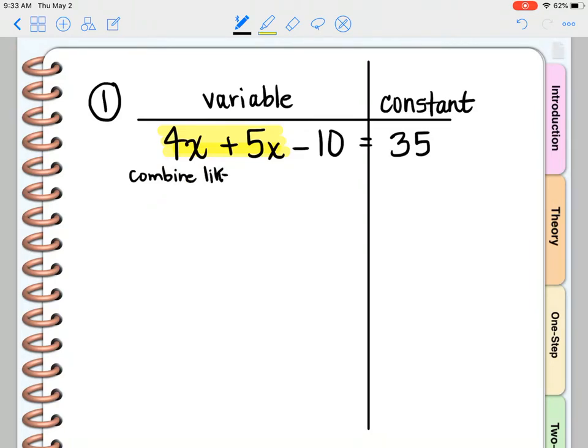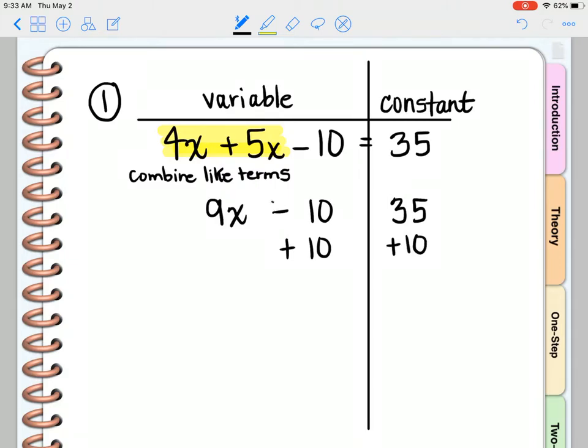And this is an algebra vocabulary term. You will hear this again if you take algebra in other places. So 4 plus 5 is 9x. And the rest of this problem I'm just going to copy down. And then I'm going to move the 10 over to the constant side and cancel.